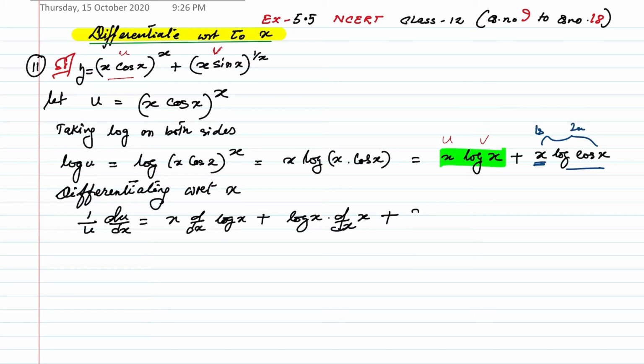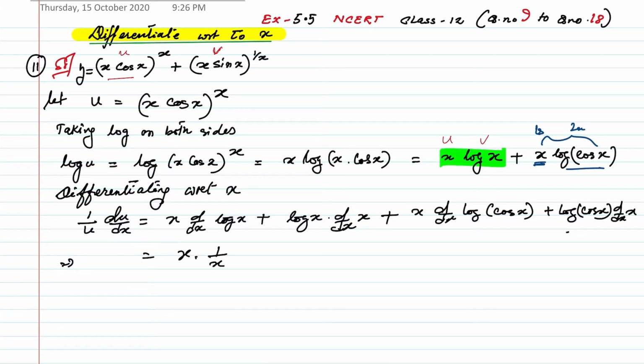So then first function x, derivative of log of cos x, then second function log of cos x, derivative of the first function, that is d/dx of x. Okay, so if you differentiate those terms, let me write one more step here. x into derivative of log x is 1 by x, then plus log of x, derivative of x is 1, so we will get log x only there, then x log of cos x.